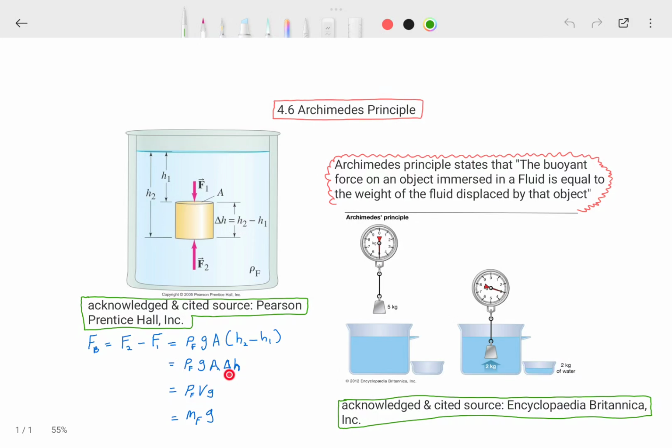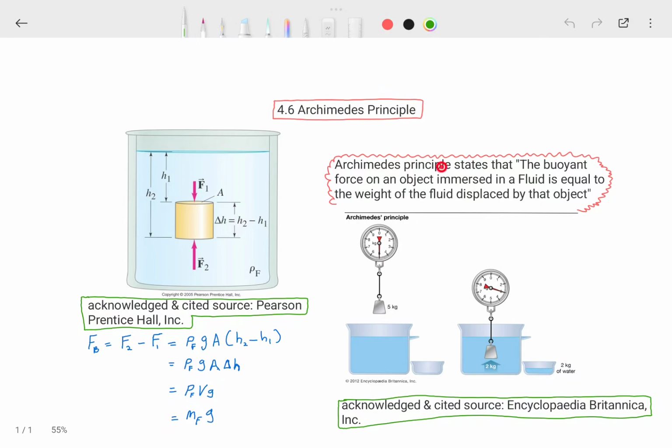As we know, A multiplied by delta h is equal to V, represented by volume. Therefore, if we simplify this formula, we will get rho multiplied by volume and multiplied by the acceleration due to gravity. Lastly, as we learned in the previous lesson, density rho equals m divided by volume. So when we change, rho multiplied by V is replaced by m, multiplied by g.